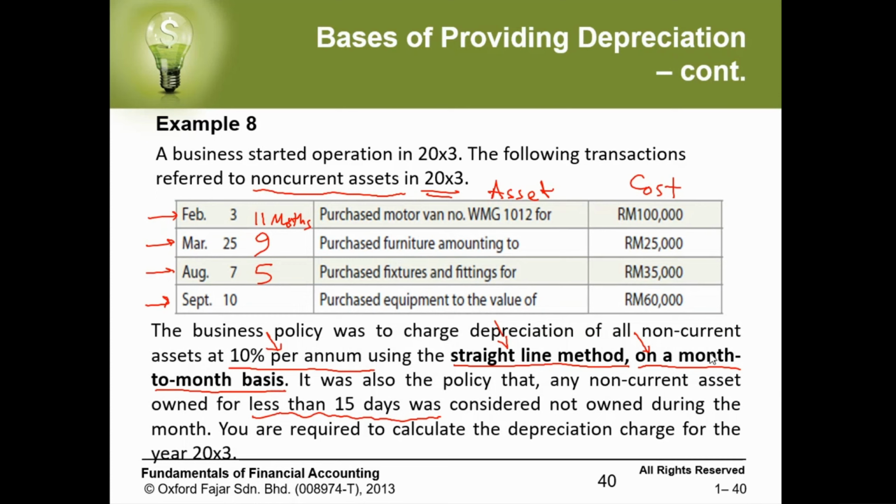Yes, it is 4 months. That's correct. So like this, we calculate how many months we are holding each one of those assets.